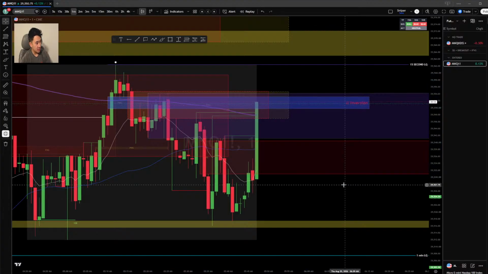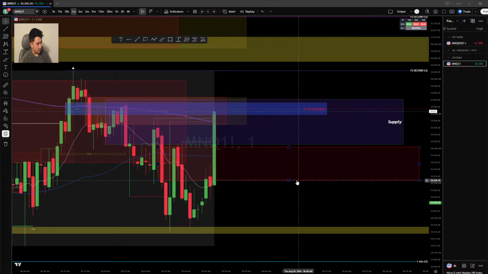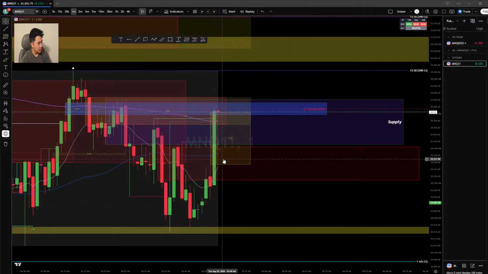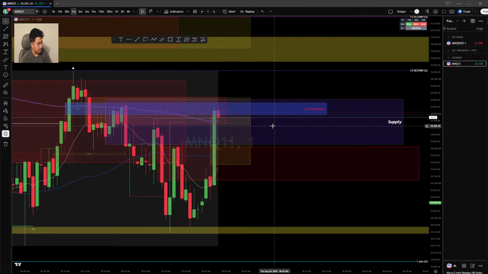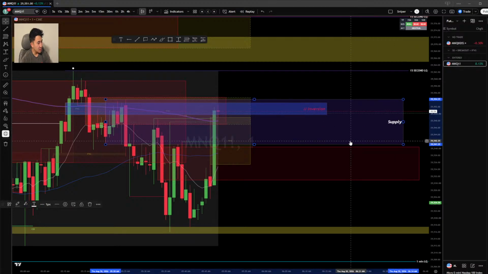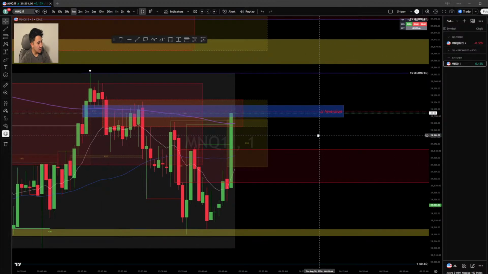Looks like the sellers are gonna give here. Let's see what is broken through. We don't need the supply zone anymore. I'm just gonna delete that.